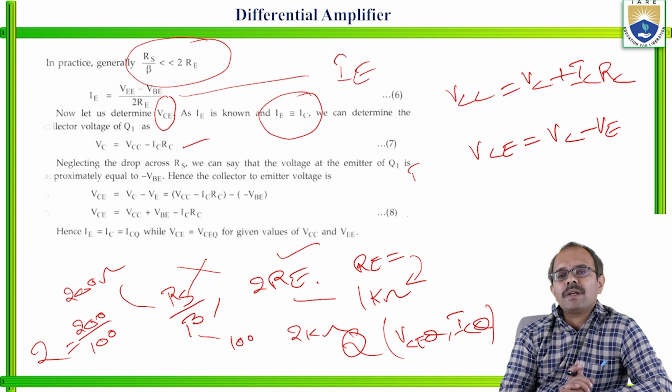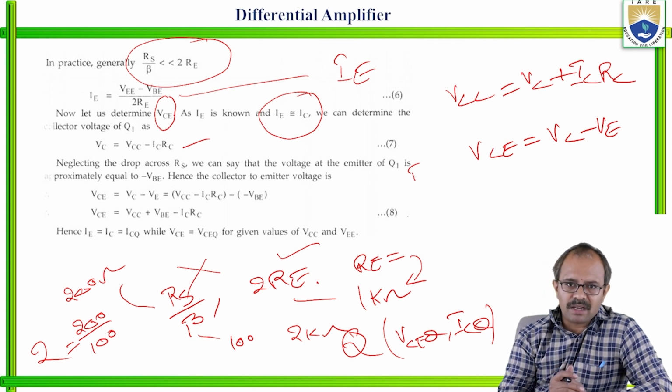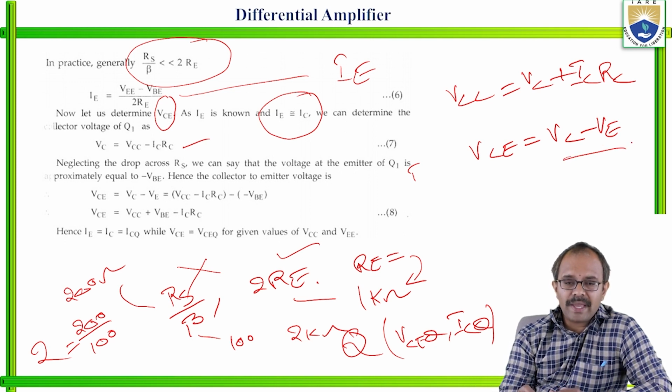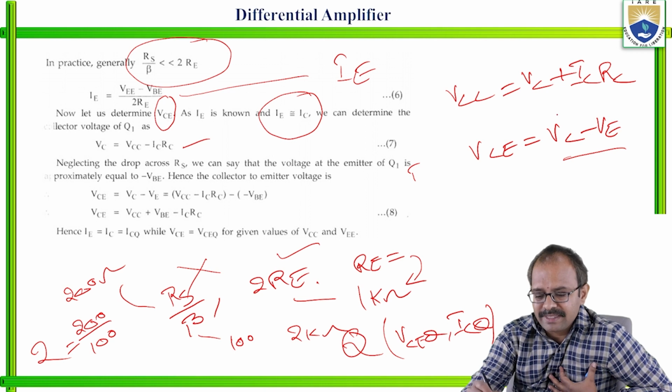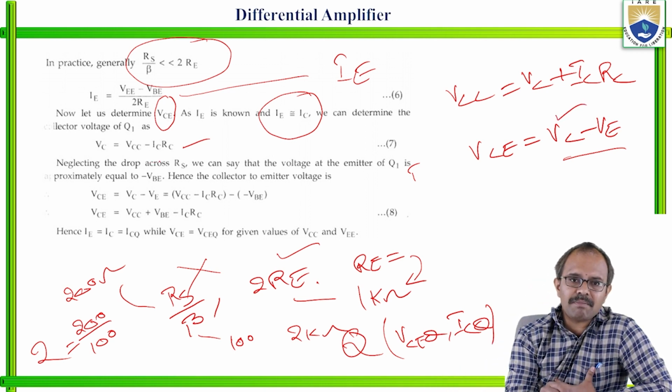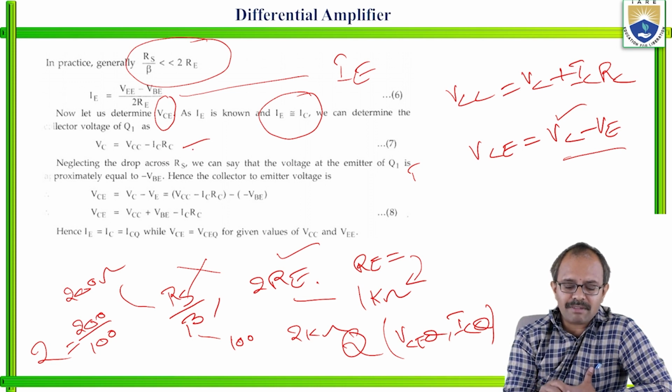Do remember, VCE is the voltage measured across the collector terminal and emitter terminal, so it is VC minus VE. We already determined the value for VC. VC is going to be VCC minus ICRC. Substituting the value of VC, we get VCC minus ICRC minus VE.